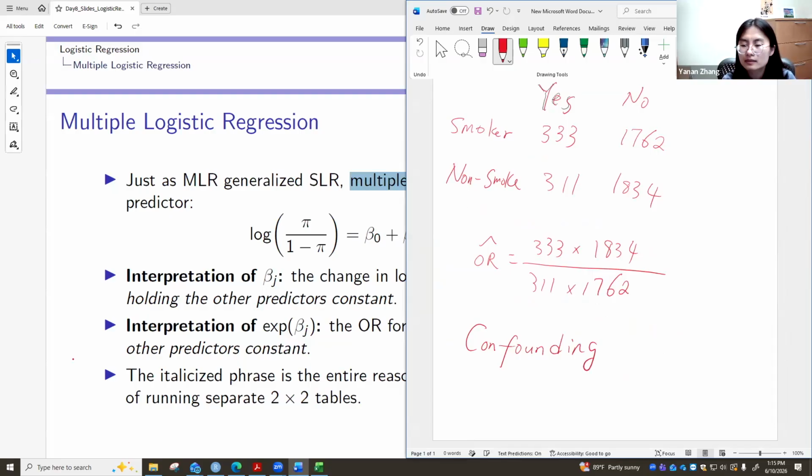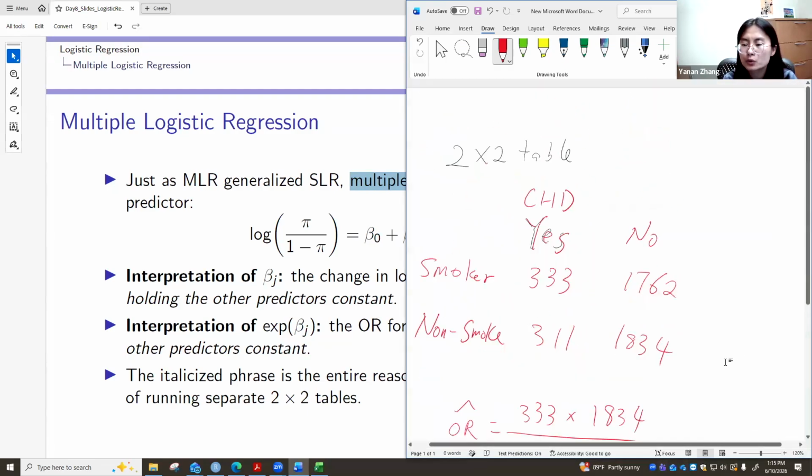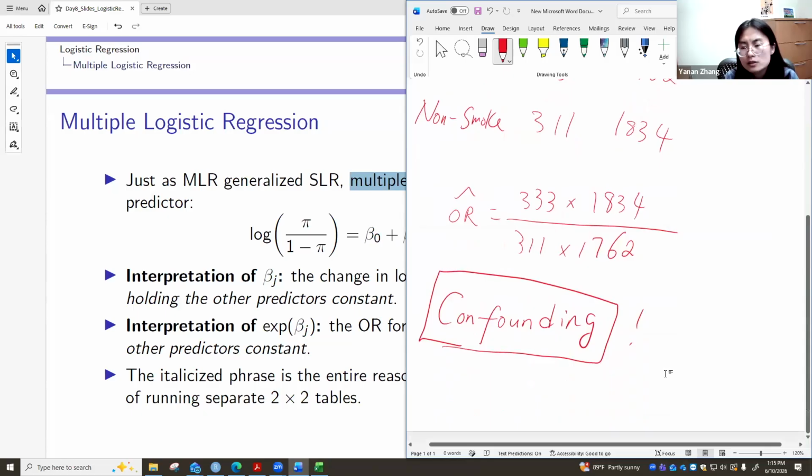Confounding. So this is a very important topic when you build a model or when you do your analysis. All right. So let me first give you some idea about what confounding is.